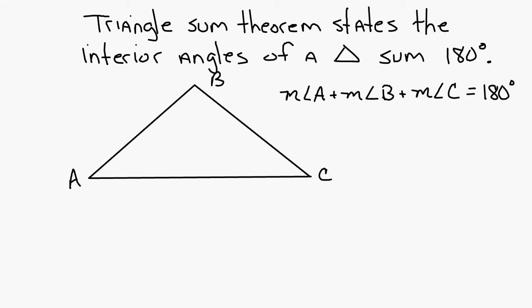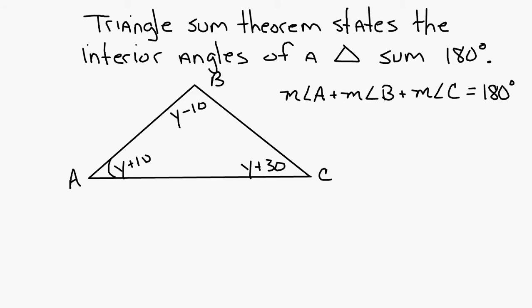So if one of the angles is, say, y plus 10, and another angle is y minus 10, and the third angle is y plus 30, and you're asked to solve for y.